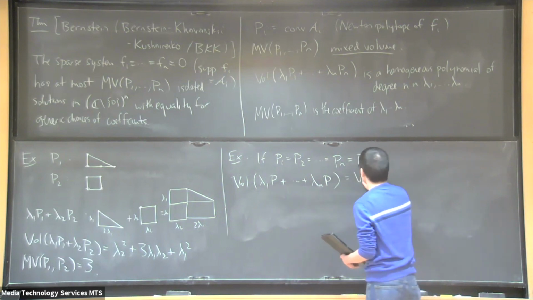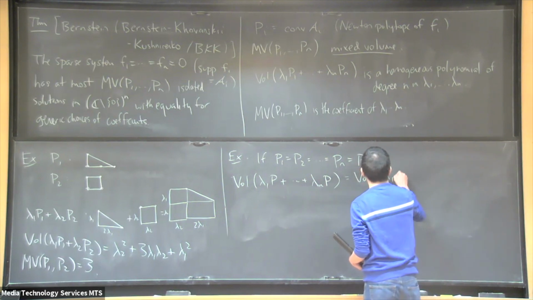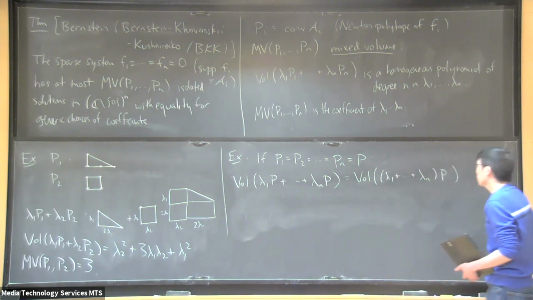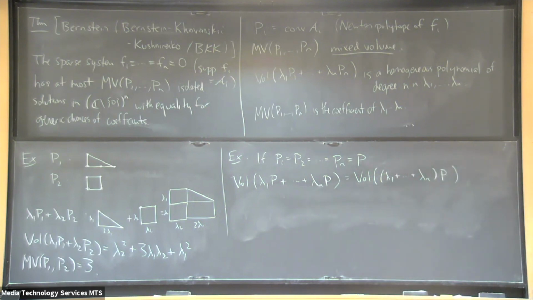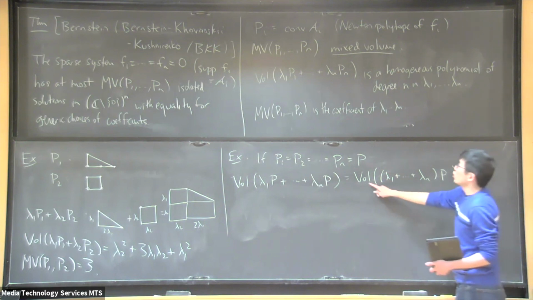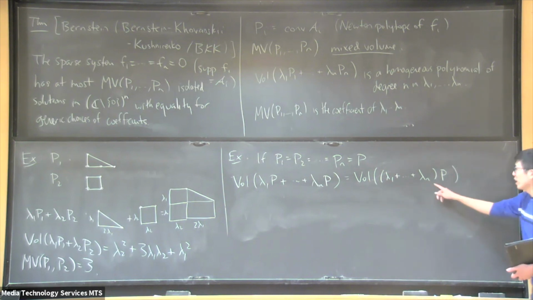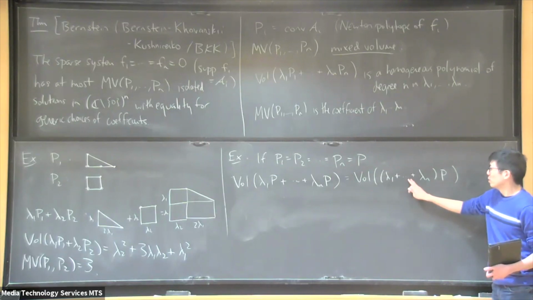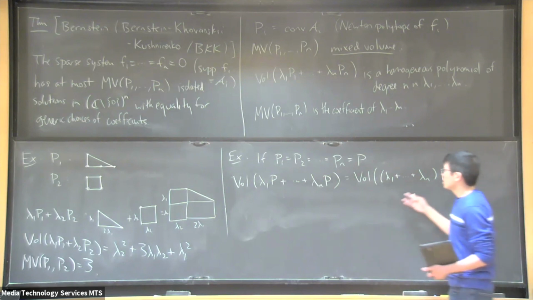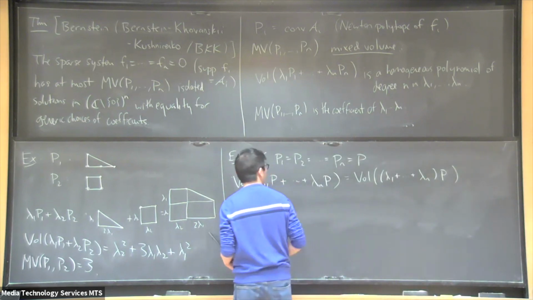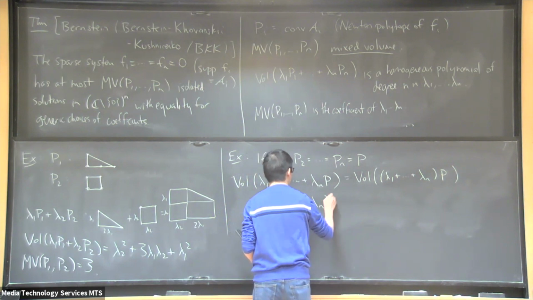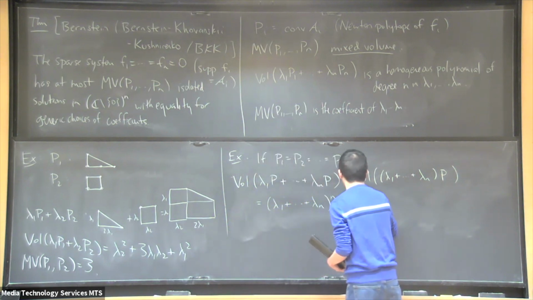This volume is n-dimensional volume. So when I scale by the lambdas, it raises the multiplier to the nth power. So this will just be equal to lambda 1 plus dot dot dot plus lambda n to the n times the volume of P.